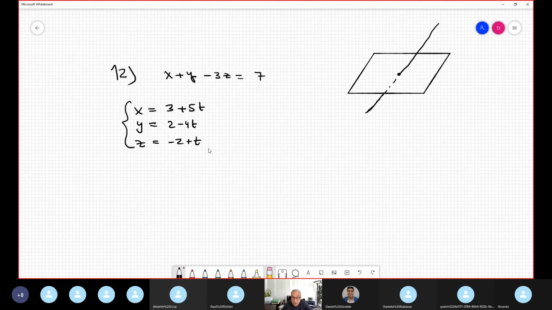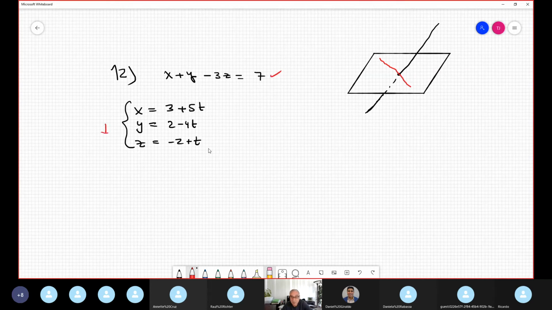I need to find the equation for the red line to satisfy some conditions. Number one condition: it is contained in that plane, and it's perpendicular to this line.